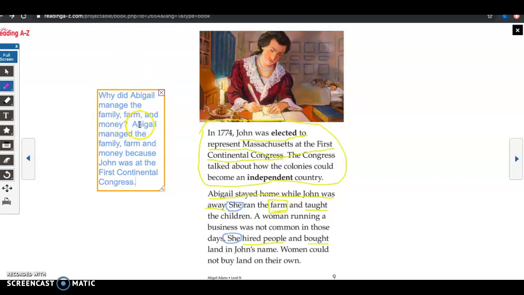Okay, so there's our answer. Abigail managed the family farm and money because John was at the First Continental Congress. And notice I answered in a complete sentence. I just didn't put where he was.